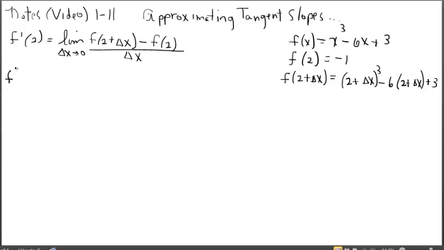Let's come over here, keeping in mind that we want to keep the limit notation as well. To replace the y value, I'm just going to dump this whole expression right into the numerator.